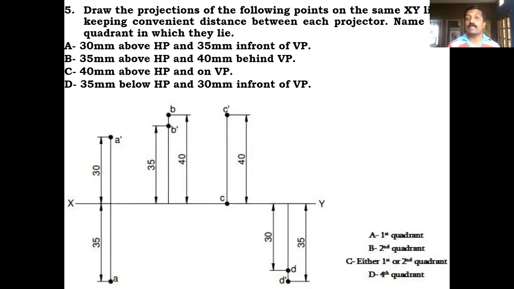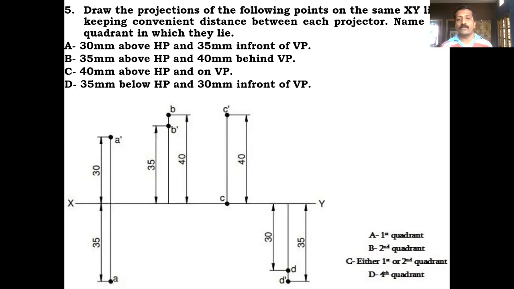So now how to decide in this case? Which quadrant does it lie in? Whenever either the front view or top view is on the XY line, one particular quadrant I cannot give. For example here, this is C dash, the front view, and this is the top view C. Suppose I drag the top view above the XY line, which quadrant does it come in?